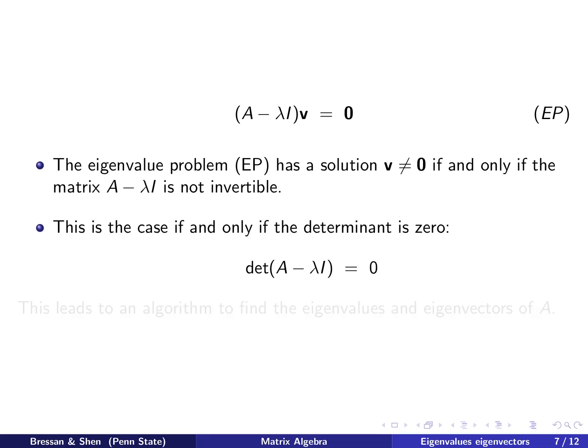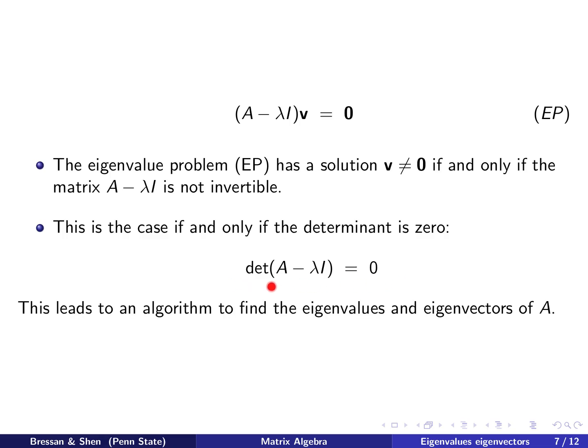And when is A - λI not invertible? One property for a matrix to be not invertible is that the determinant of that matrix is 0. We have if and only if: the determinant is 0 if and only if the matrix is not invertible. Those two are equivalent.